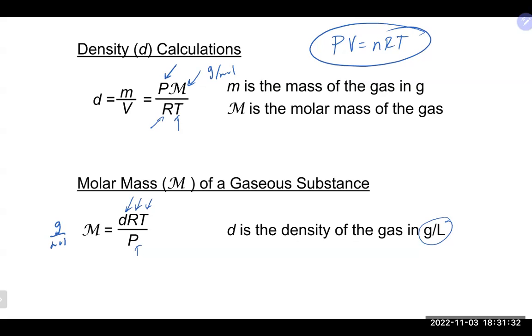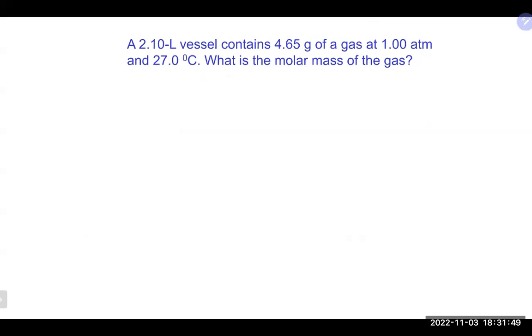Basically it's the same thing these formulas do for you. Remember, as we talked about earlier, when we calculate density, it is typically grams per liter for gases. So why don't we try one here, and then I'll show you how it works with the ideal gas law. Why don't you give this a try first.